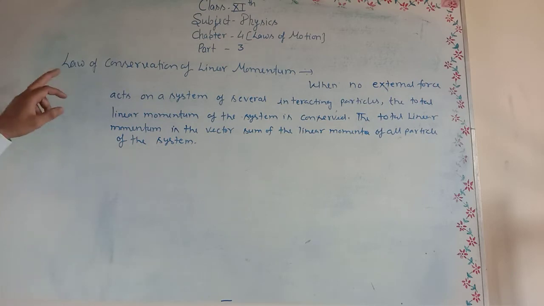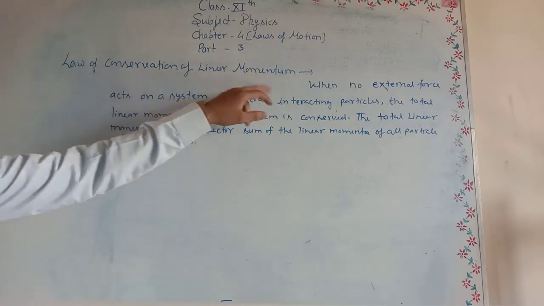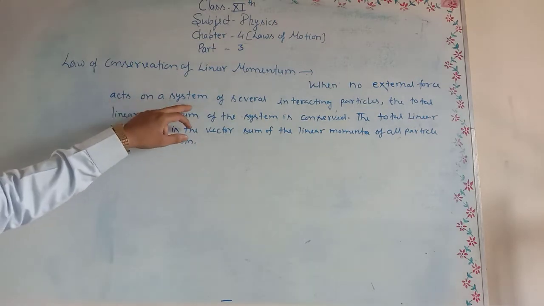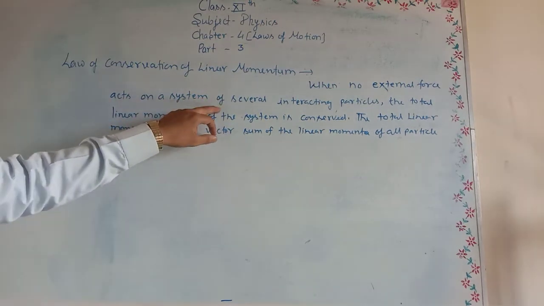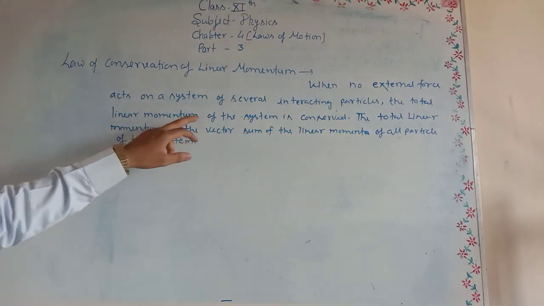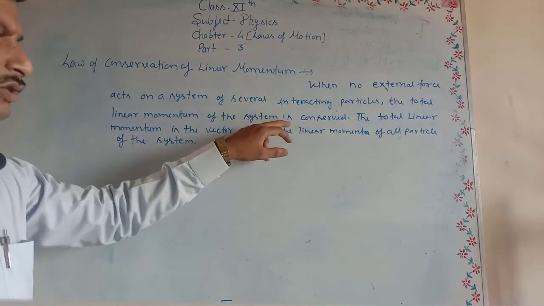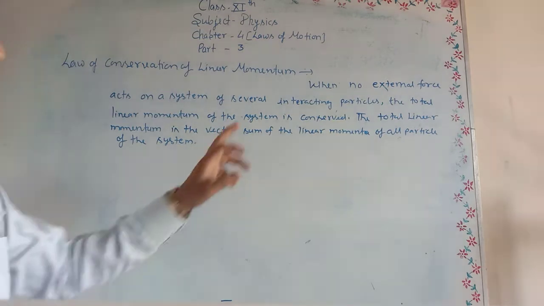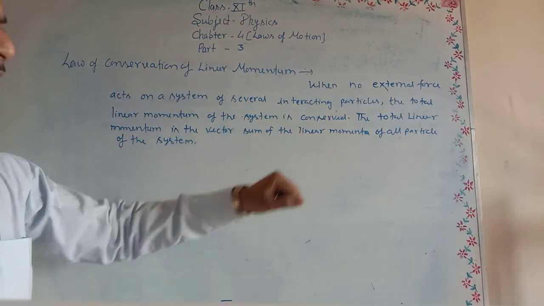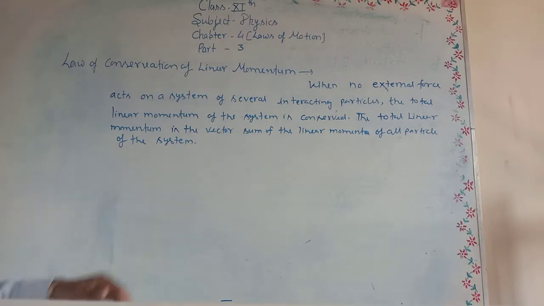Law of conservation of linear momentum. When no external force acts on a system of several interacting particles, the total linear momentum of the system is conserved. The total linear momentum is the vector sum of the linear momenta of all particles of the system.